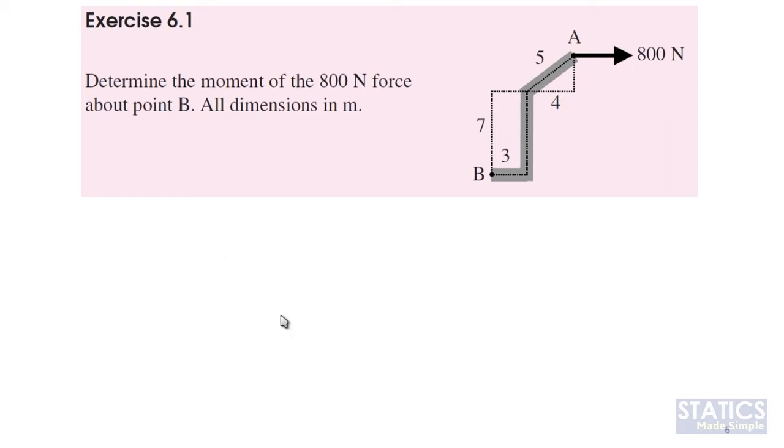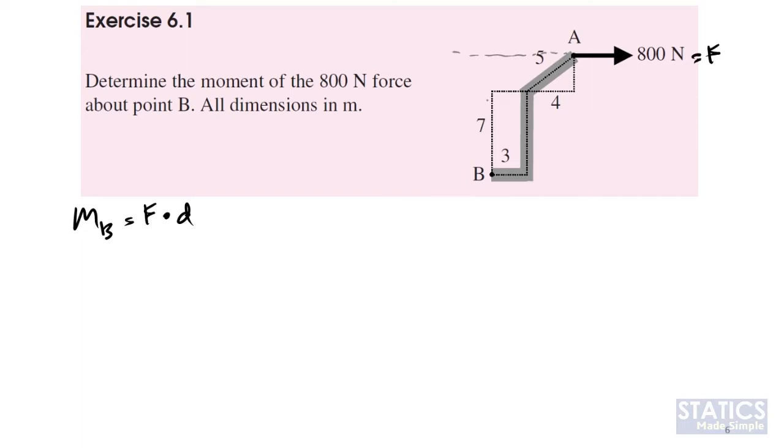Okay, let us solve one example. Let's say we have a force of 100 Newton acting at A, and we want to find the moment at B. Again, we know that the moment at B should be equal to the force, let's say this is F, times the perpendicular distance from the line of force to point B. So your first task is to determine the perpendicular distance.